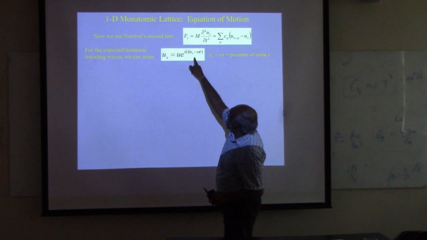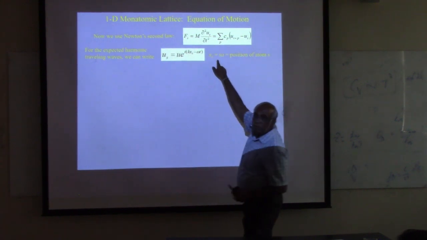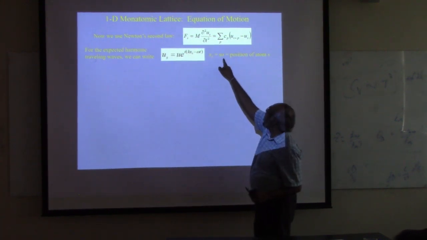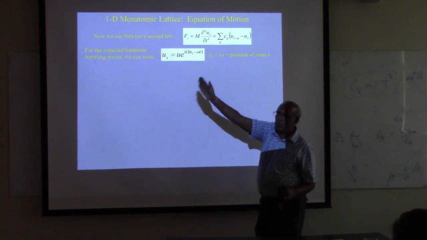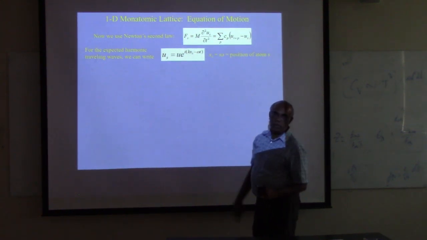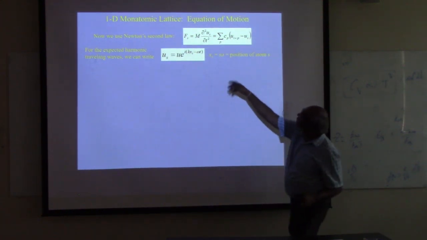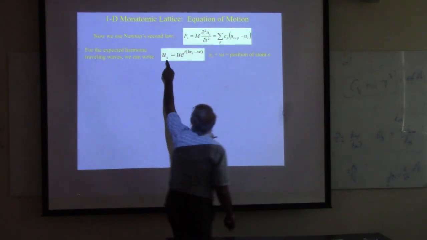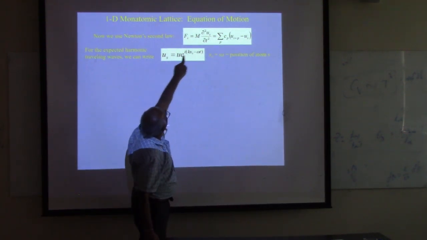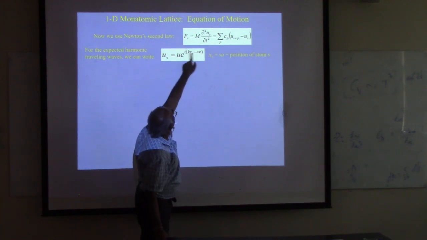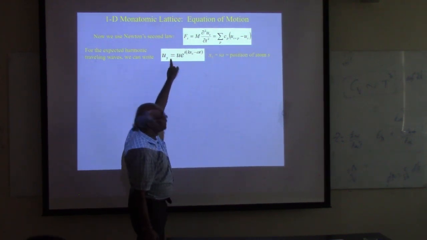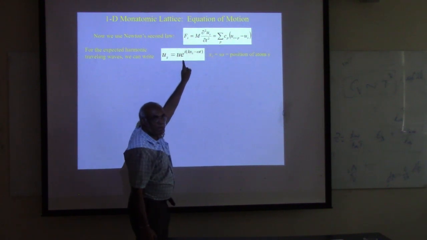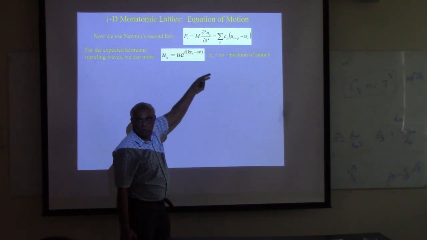K, what does x S mean? For the S atom, that distance, if you have some origin, is S times a. So now just take the derivative of this one. You have to take the derivative twice, right? If you take the first derivative, you get minus i omega. If you take the second derivative, again minus i omega, then you get minus omega squared, right?